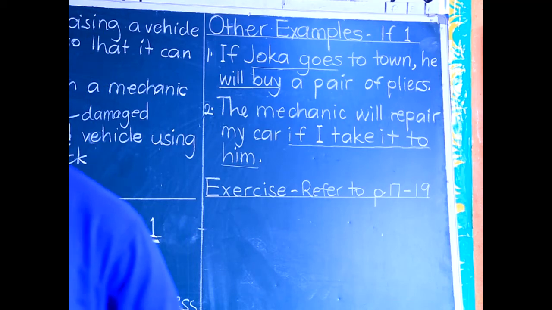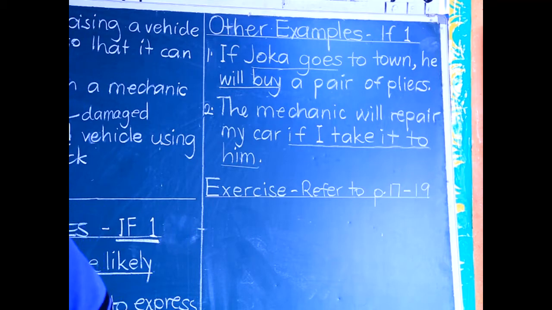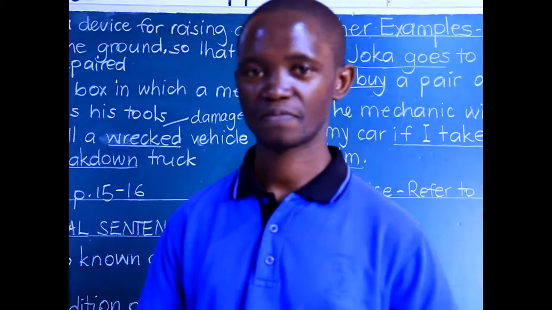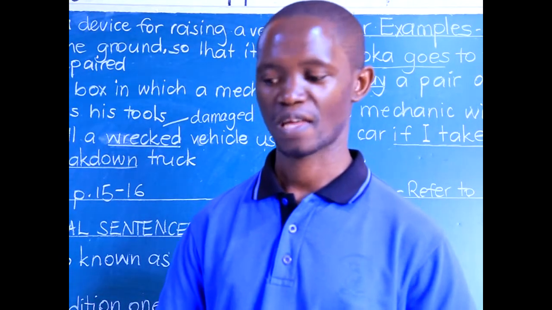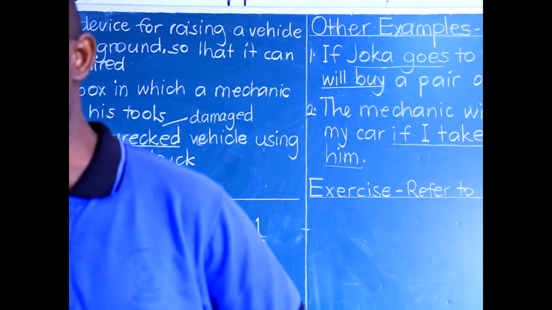Guided compositions usually give you choices to make or words to choose from as you fill in the story or the composition correctly. That activity will be on page 19 of your workbook.